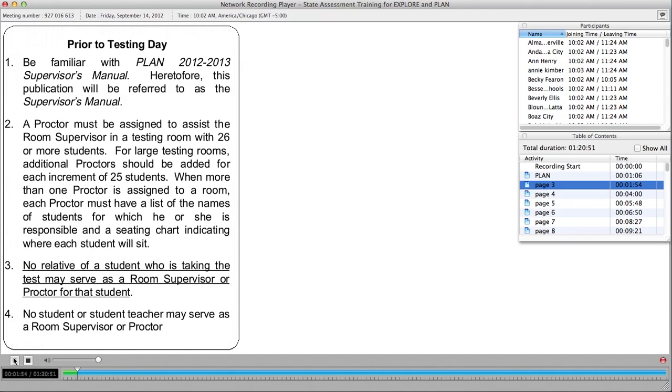So to begin with, we want to start with the section on page 2 after the table of contents. First of all, prior to testing, make sure that everyone involved in testing is familiar with the Plan Supervisor's Manual or the Explore Supervisor's Manual, whichever one is appropriate.